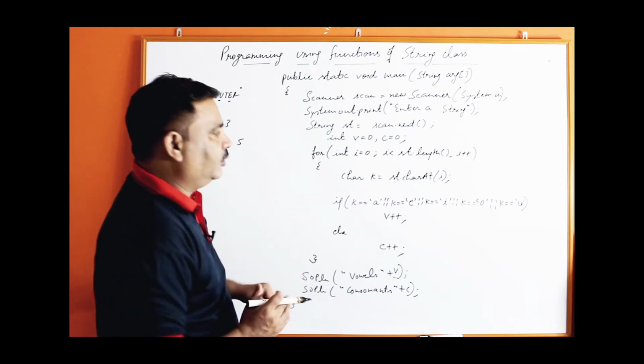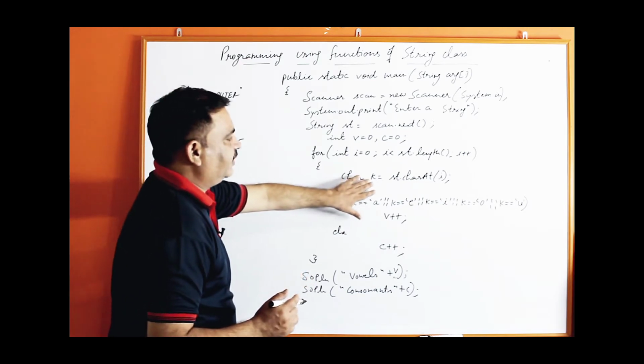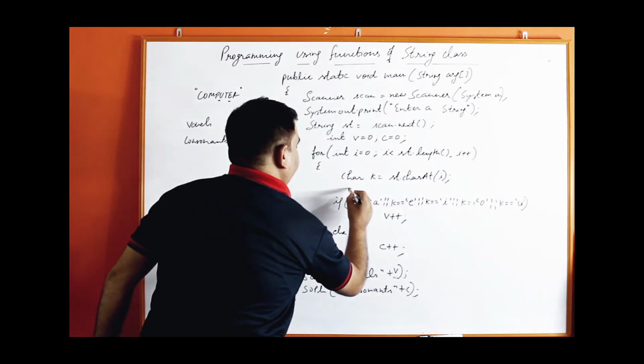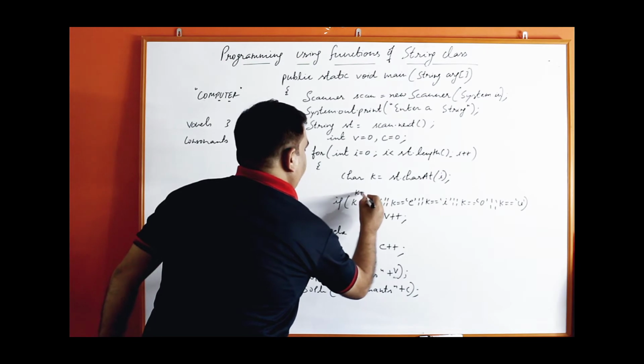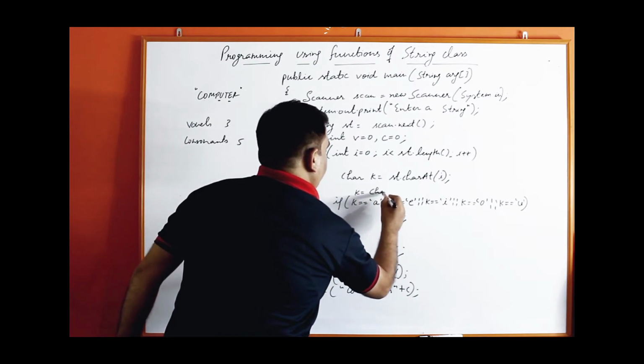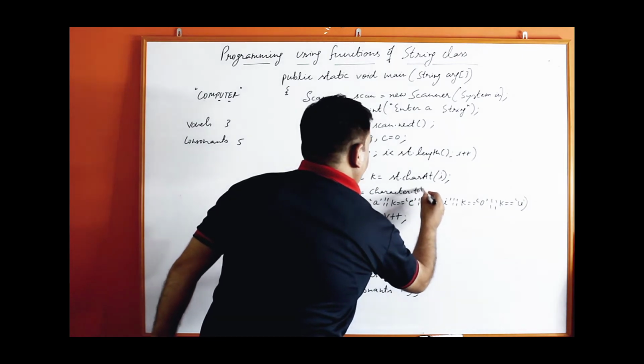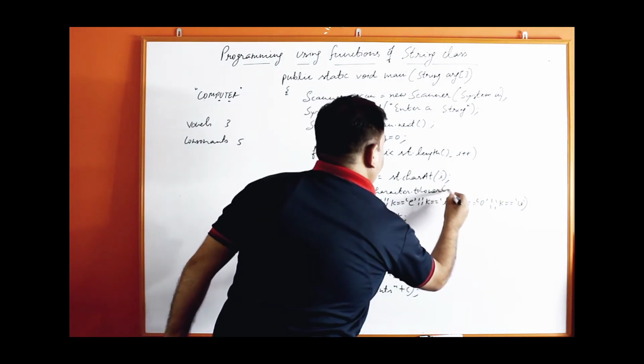So what you can do, you convert this character into small letter. I am writing k equal to character dot toLowerCase.